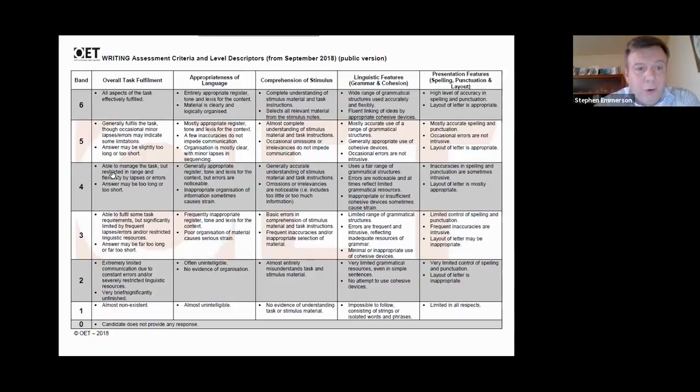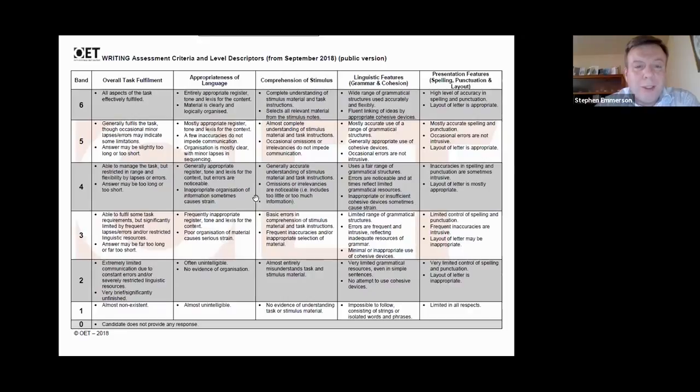So if we look at 4, for task fulfillment, can manage the task. However, there's still restricted range and flexibility or lapses or errors. And there again, maybe too long or too short. Appropriateness of language, generally appropriate lexis, tone, and lexis for the context. However, errors are noticeable.